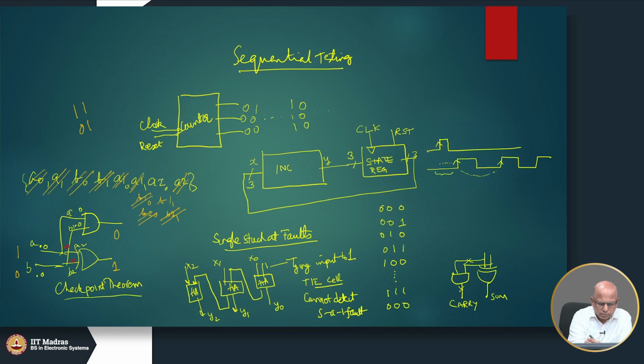So, this will get caught, and B1 stuck at 1 will also get caught, I think. So, it will produce a 1 here. So, that is about all. Unfortunately, we still need 3 vectors, we could not do better than that. So, 1 1, 0 1 and 1 0 are required to be applied.